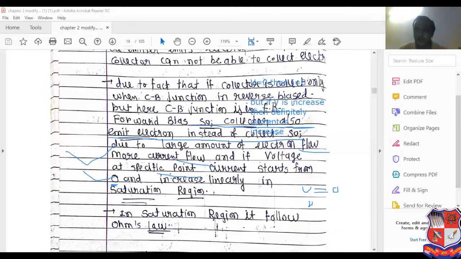So it is the concept of the saturation region.